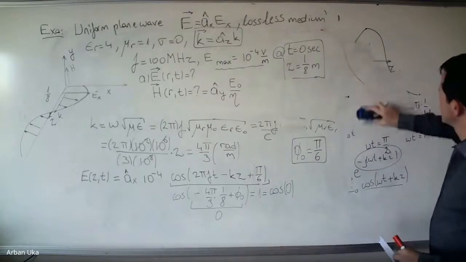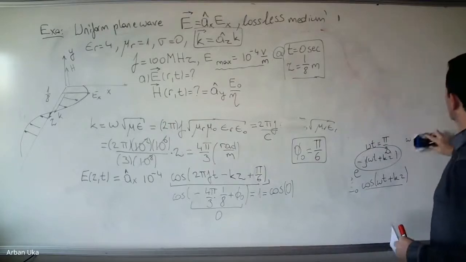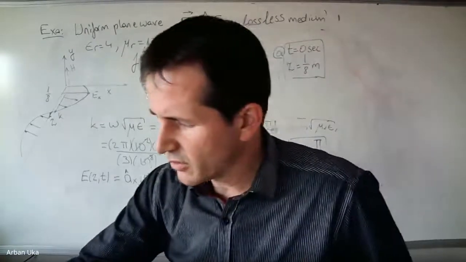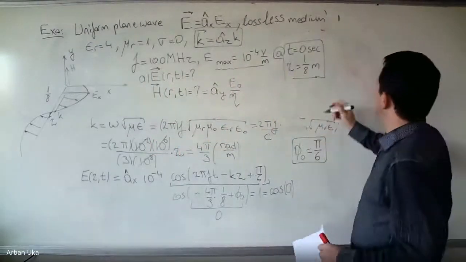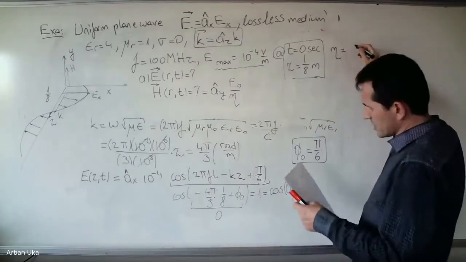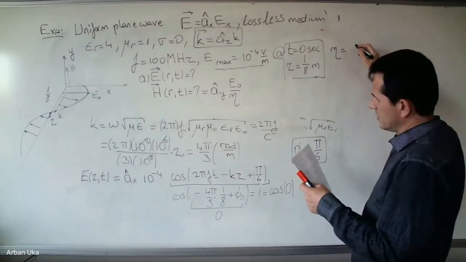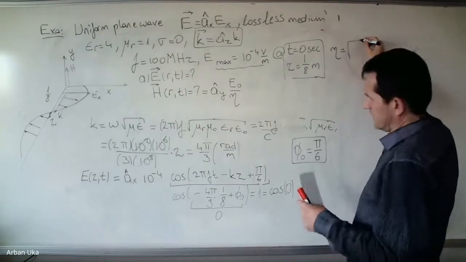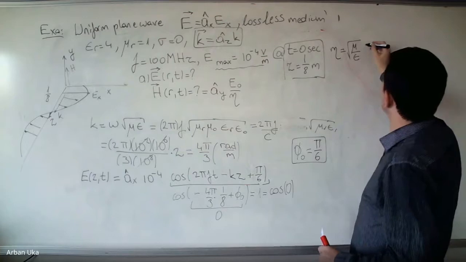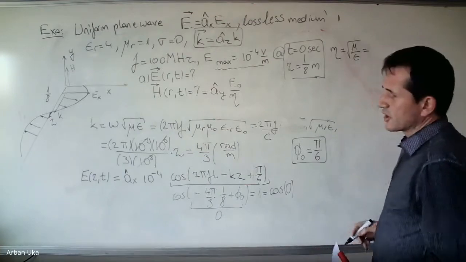Now, this impedance, we checked what it was, right? It was permeability over the permittivity. So you can correct me in this. So this eta, I think it was the square root of mu over epsilon, okay? And then let's check what we get.